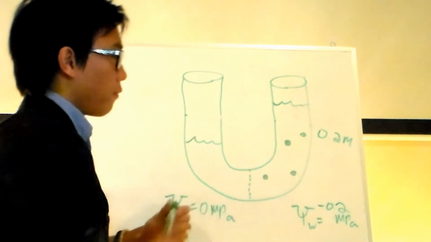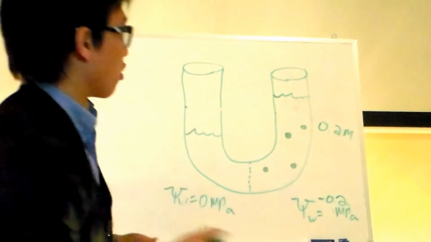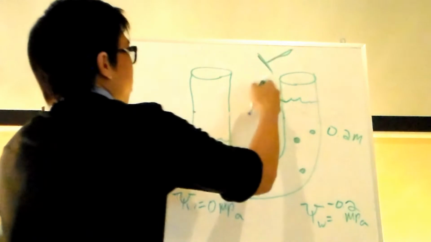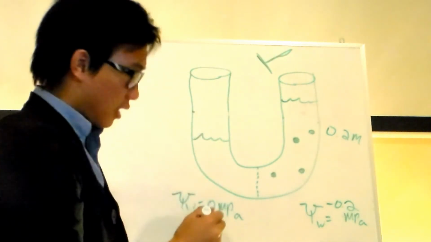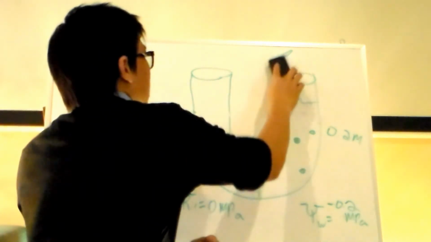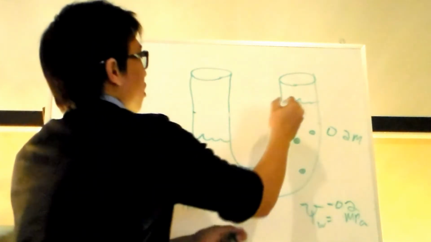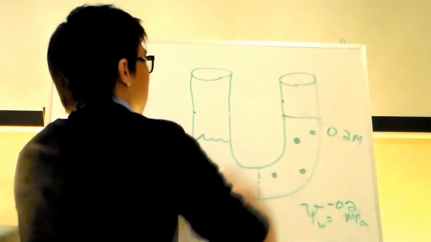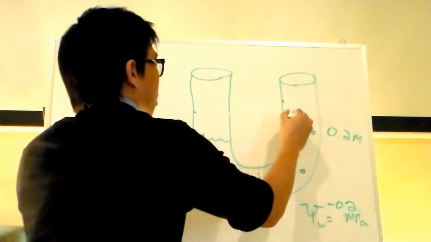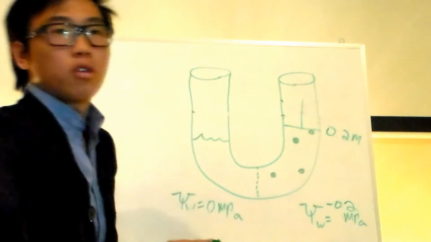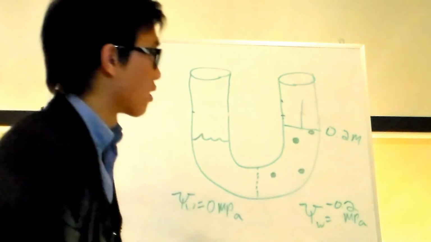Noticeable. Okay? But what happens if we add pressure? This will be our fake plunger, for example. We will push that onto the right side and increase the pressure potential on the right side. So I'm going to smash the water back down to this level, maybe a little lower, down here. Therefore I'm increasing the pressure potential, and pressure is going to be positive because I'm applying positive pressure.